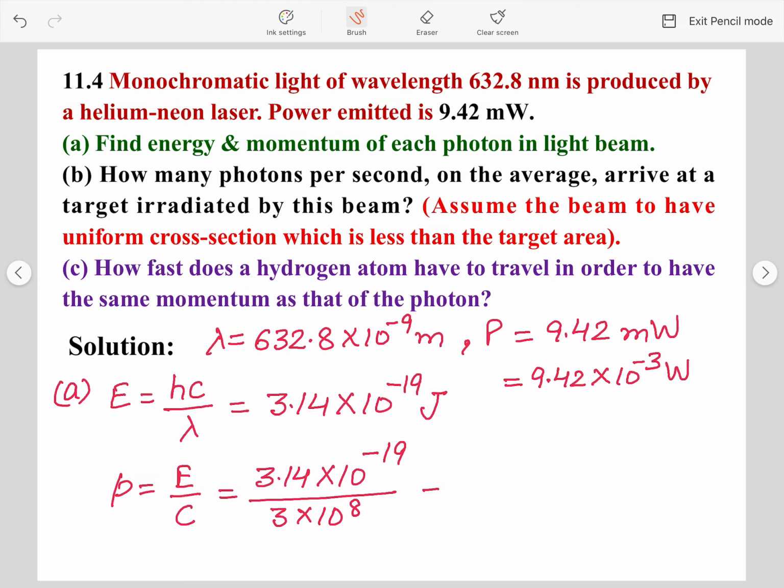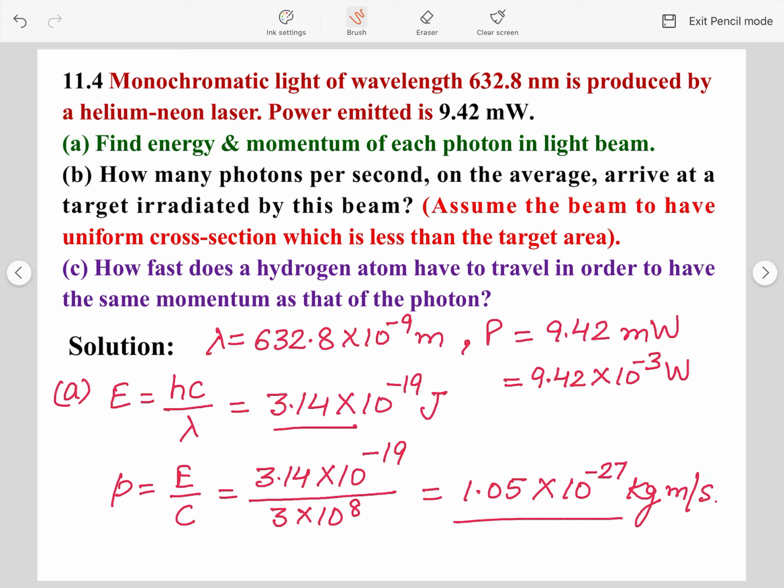On solving, we will get 1.05 into 10 raised to power minus 27. What will be the unit? Kilogram meter per second. This part 1 is solved. We have calculated energy and we have calculated momentum.